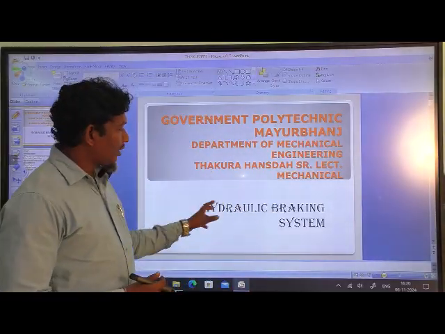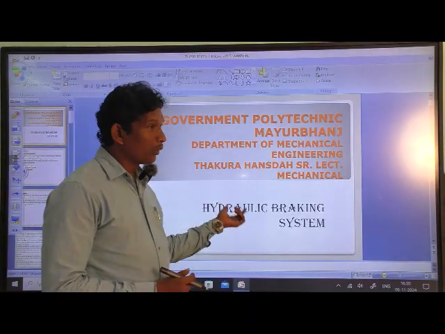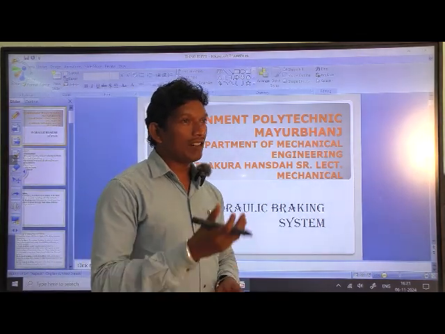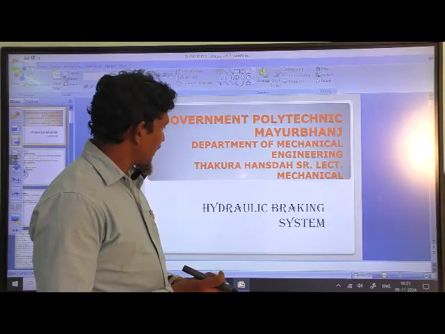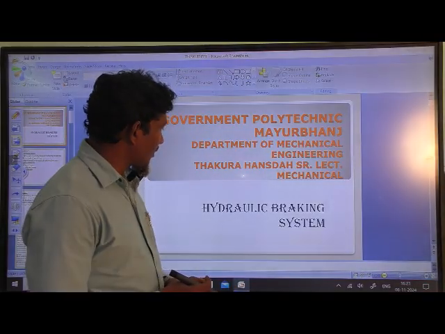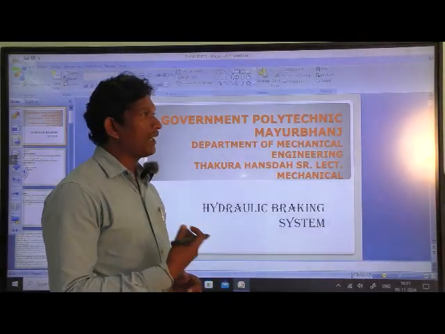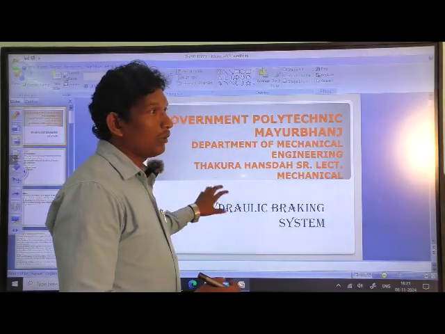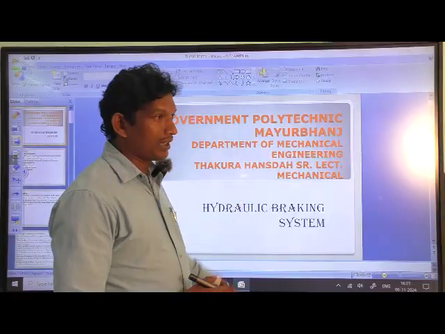So we apply the brake by using hydraulic fluid, which decreases our effort. The effort given by the human being or the driver can be multiplied several times by the hydraulics. So the brake can be applied with less effort in the hydraulic braking system.